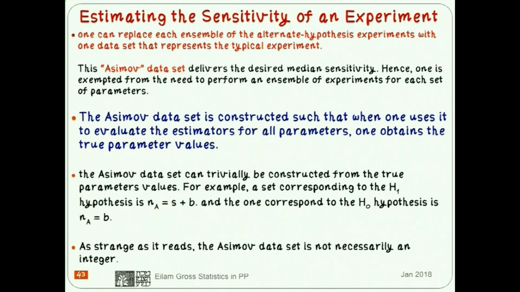And the surprise is that it's a trivial dataset. The Asimov dataset is trivially constructed from the true parameter values.